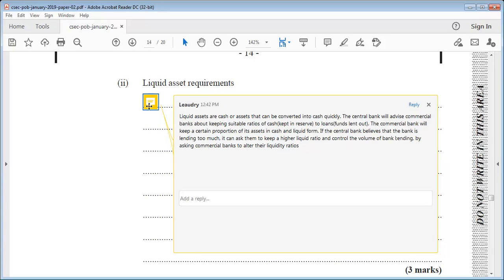Now, the commercial banks, they will keep a certain proportion of its assets in cash and liquid form. So if the central bank believes that the commercial bank is lending too much, now it can ask them to keep a higher liquid ratio and control the volume of bank lending by asking the commercial banks to alter their liquidity ratios.